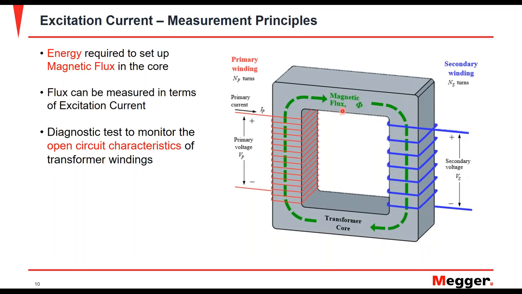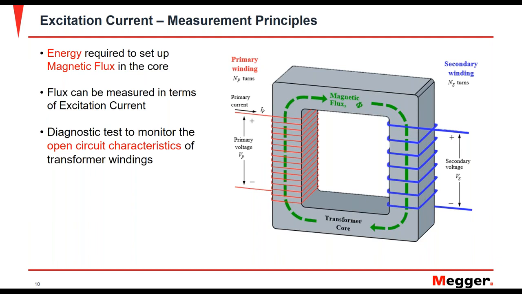To establish this magnetic flux, you need energy. Energy is required to set up this flux in the core, and this flux can be measured in terms of excitation current. Now understand that this is a diagnostic test. This is not a destructive test. We are trying to diagnose the condition of our transformer system, especially windings and the core, and we are also studying the open circuit characteristics of the transformer windings.